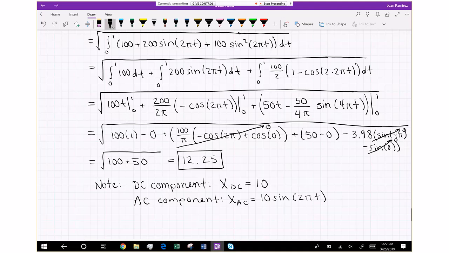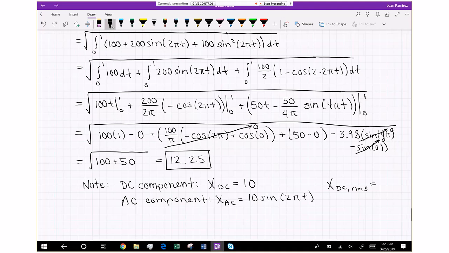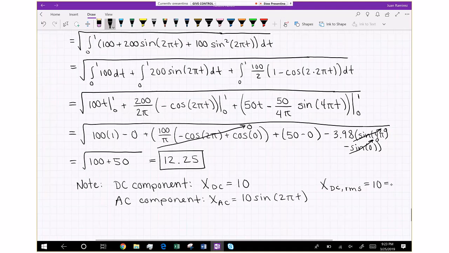The RMS value of the DC component, if you were to find the RMS of just the DC component, would be equal to 10, which is equal to square root of 100.